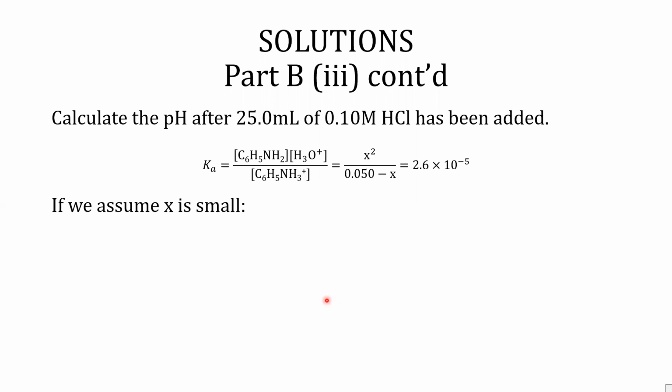The revised equation is Ka equals the concentrations of C6H5NH2 times H3O+ divided by the concentration of C6H5NH3+, which equals X squared divided by 0.050 equals 2.6 times 10 to the minus 5.